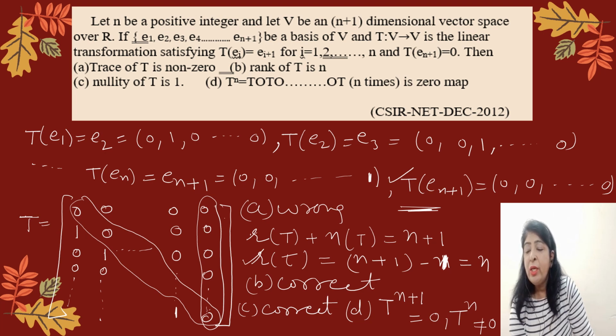So D is wrong. So only C is correct, and B is correct. C and B both are correct. B and C, these two are correct. Rest all are incorrect.